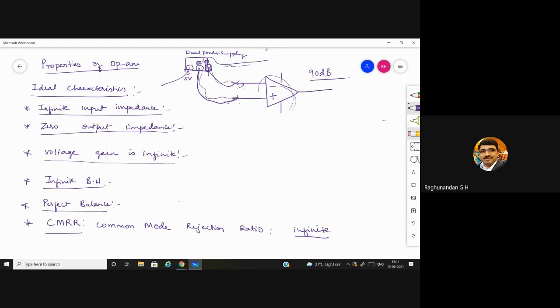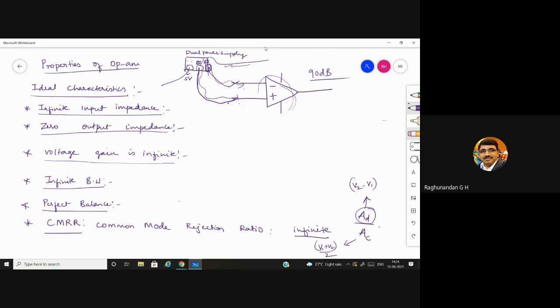The other way of telling the common mode rejection ratio as a definition is, it's the ratio of differential gain to the common mode gain. So differential gain is given by AD and common mode gain is given by AC. AD is related to V2 minus V1. AC is related to (V1 plus V2) by 2.